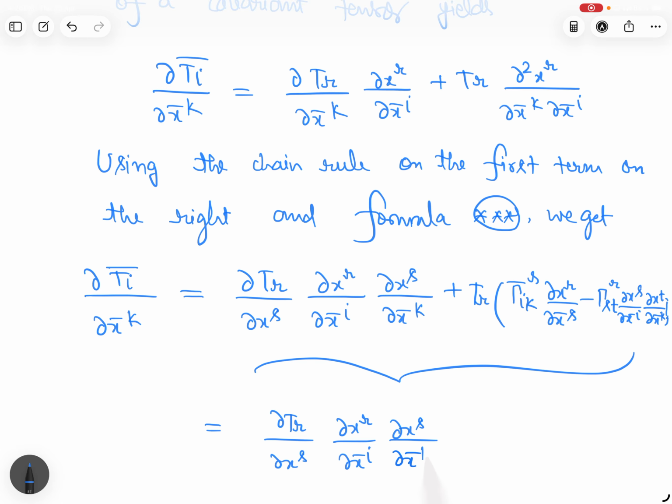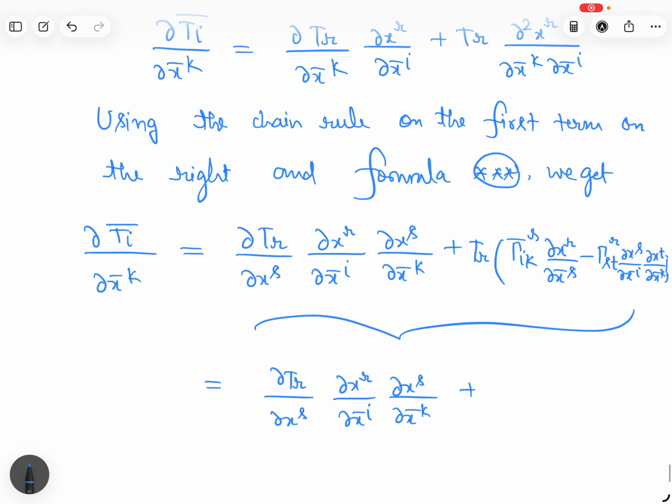What can you conclude from here? Can you tell me one thing? Which is this part? This part is a tensor.